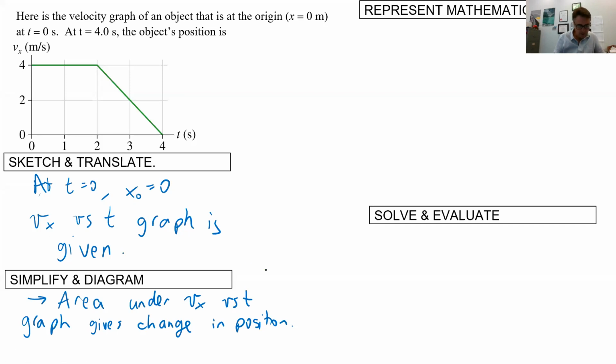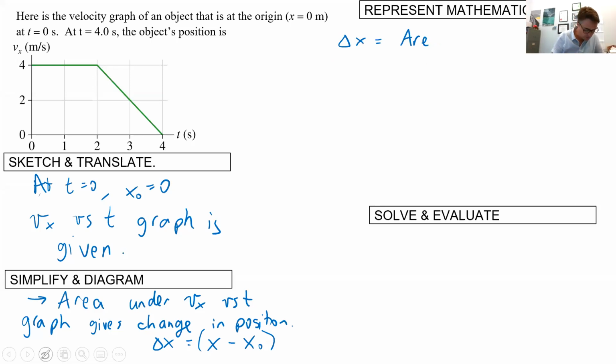If x0 equals 0, then x minus x sub 0 will come from this area. I'll call that delta x. So delta x is the area.